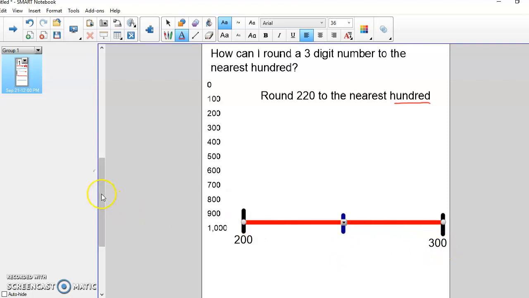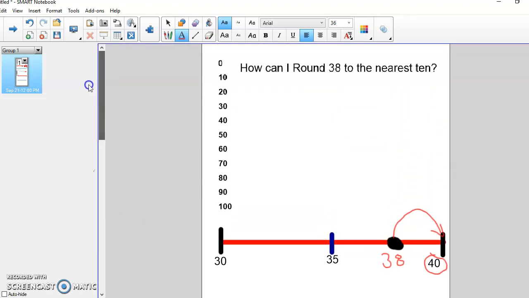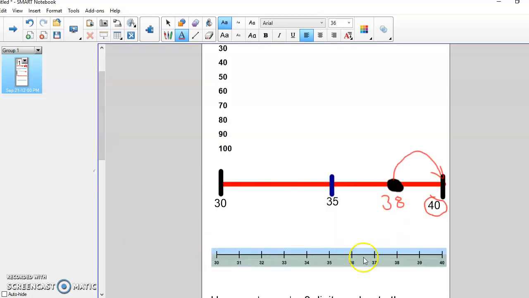Now, when we were rounding to the nearest 10, we knew that there were 10 jumps, and I showed you with my cheat number line today that there were 10 spaces or 10 jumps to get between 30 and 40.